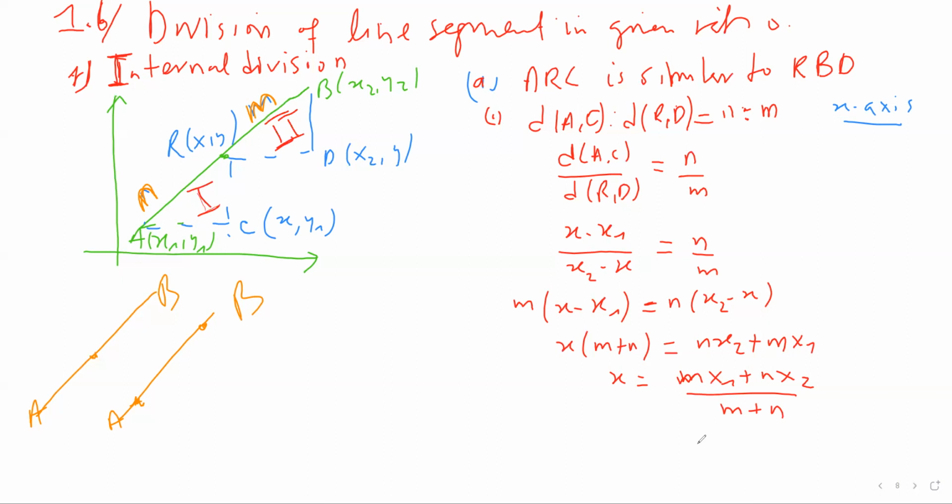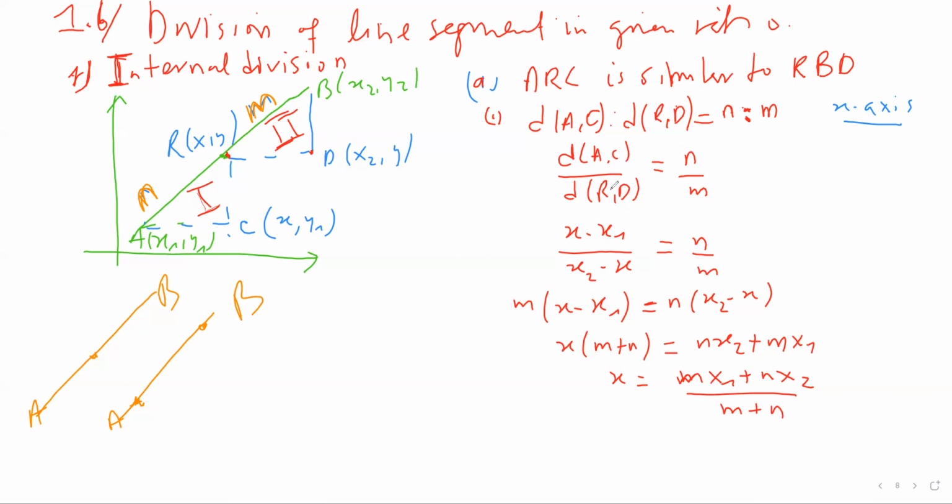And then on the x-axis, again, we say that the distance AC should be the same as the distance RD, and this should be proportional to the ratio that we have, which is n and m.